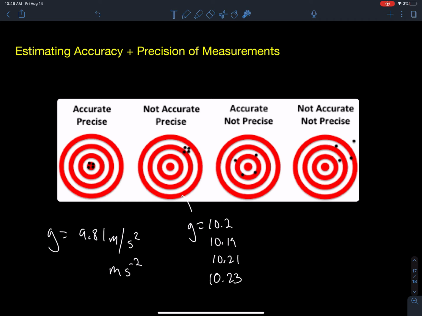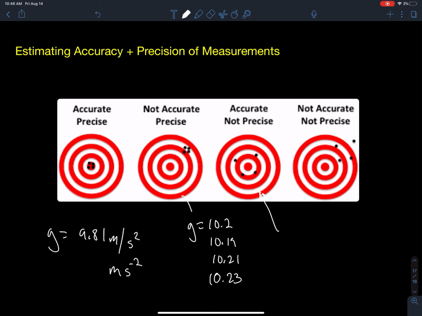Well, that number is not accurate. 9.81 is accurate, but my measurements are very precise. They all fall in the same range. So in this case, it's not accurate, but all my measurements are precise, which tells me something went wrong in my experiment. I did a good job, but maybe I have systematic error in my experiment, or maybe the tool was not calibrated properly.